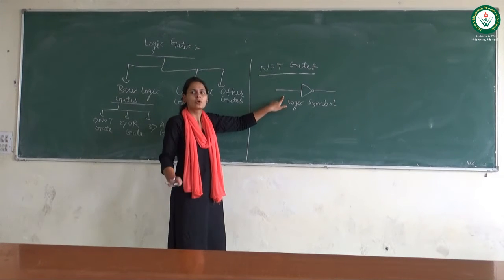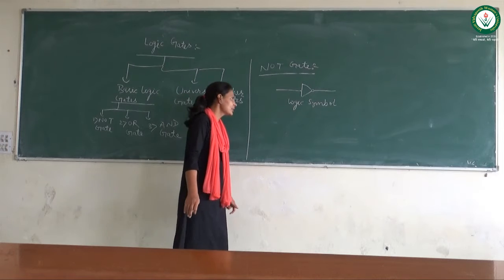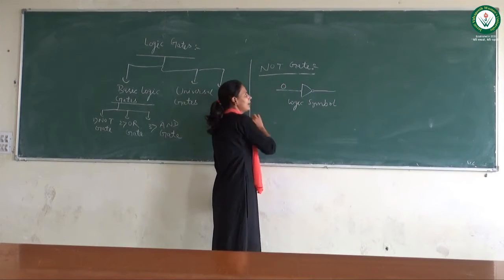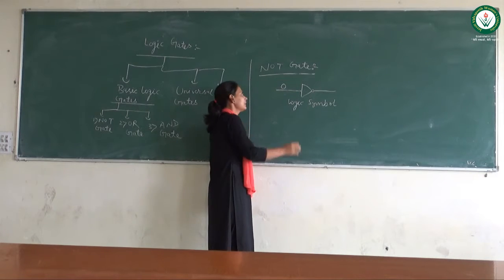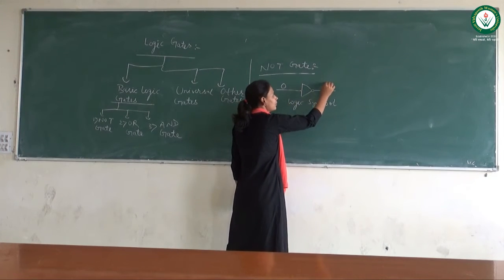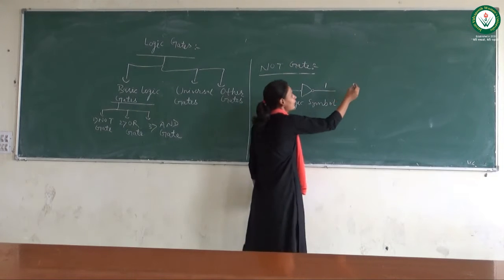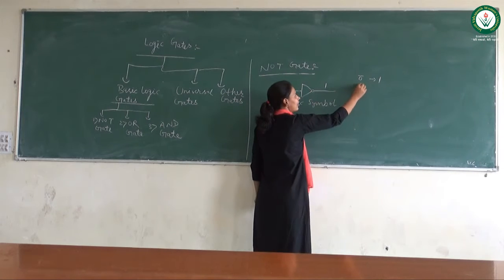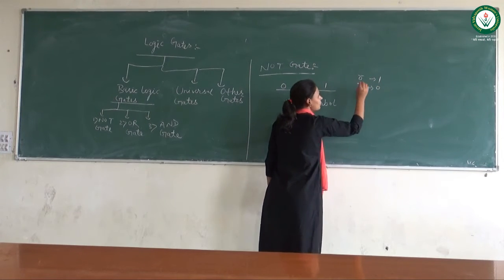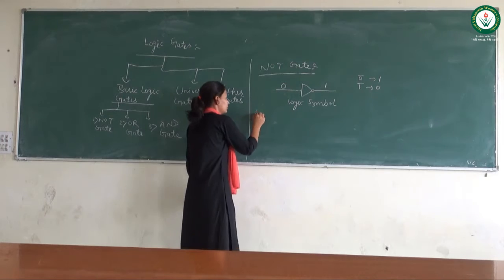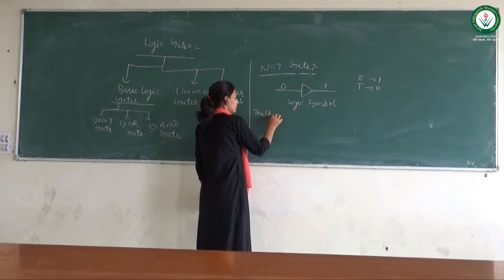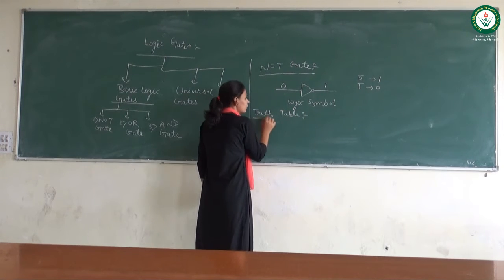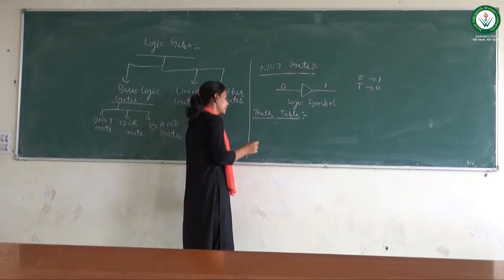NOT gate performs complementation. Complementation means when we provide the 0 at the input side of NOT gate, then the output will be 1. So the complement of 0 will be 1 and the complement of 1 will be 0. Now we will draw the truth table of NOT gate.